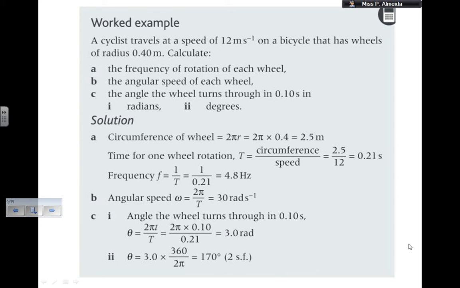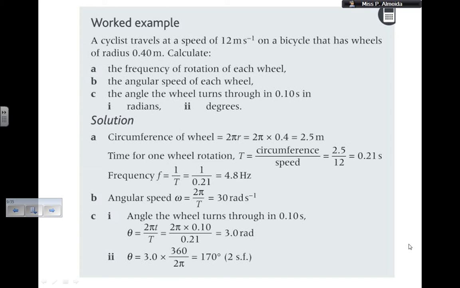So the circumference is going to be 2 pi r, so you do 2 pi times 0.4, that gives you 2.5 meters. The time for one rotation is going to be the circumference over the speed, so 2.5 divided by 12, so that's going to be 0.21 seconds.